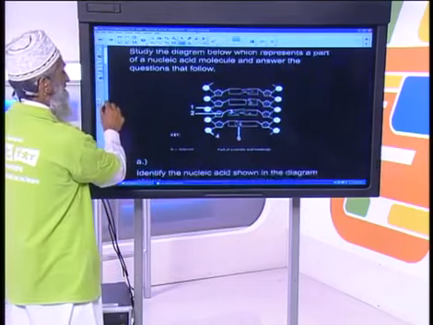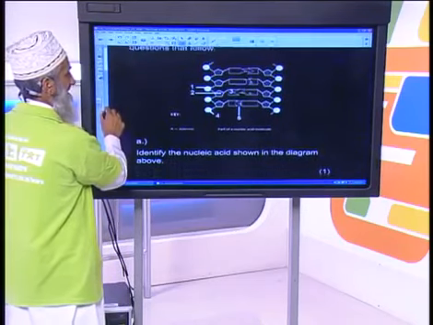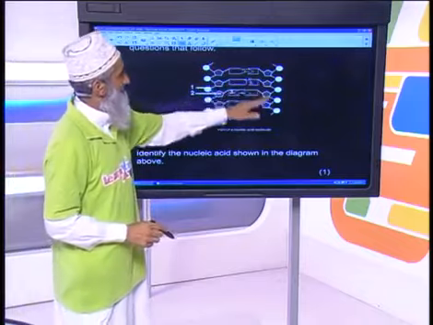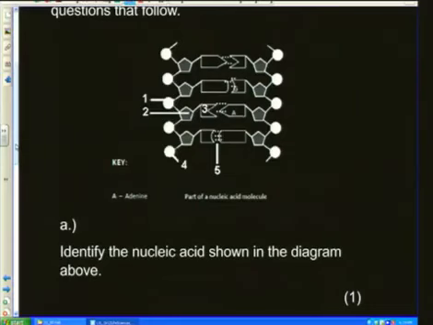Right. So they're giving you a diagram, and they label it with given numbers, and they give you a key as well. And the key says A is adenine, and obviously G is guanine.